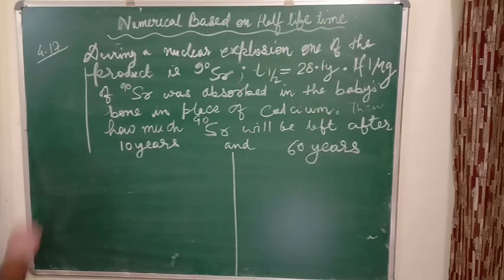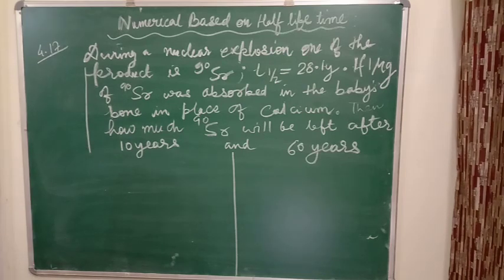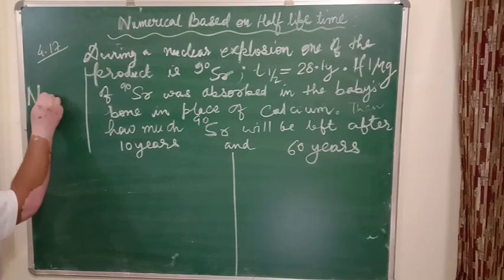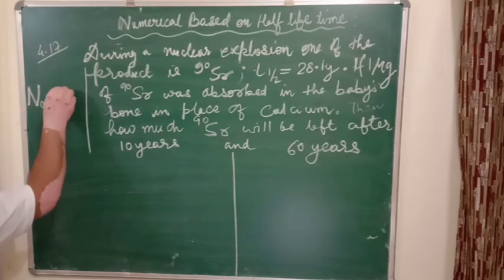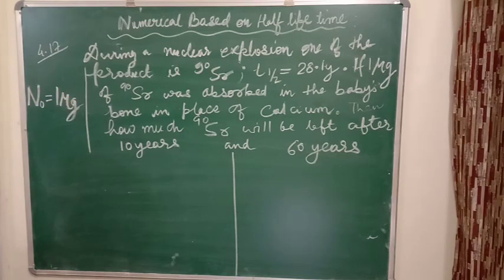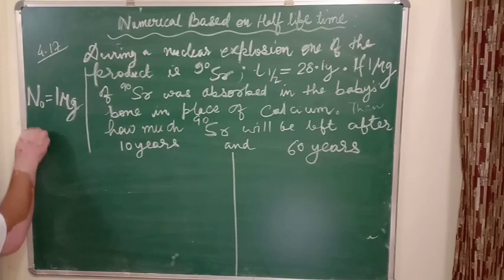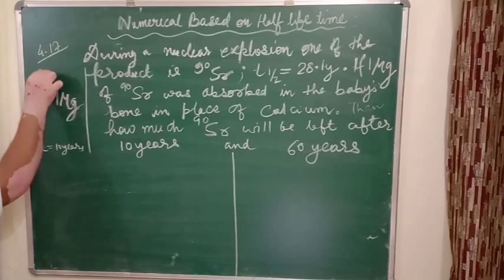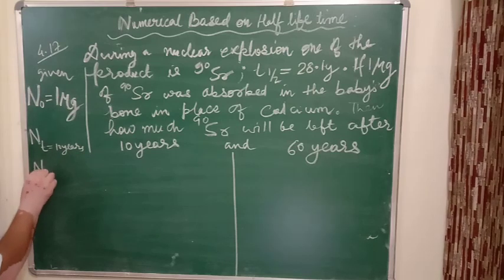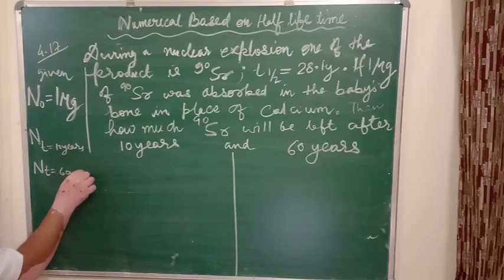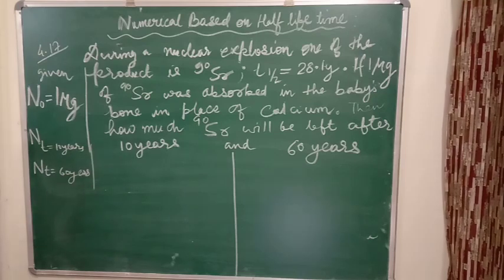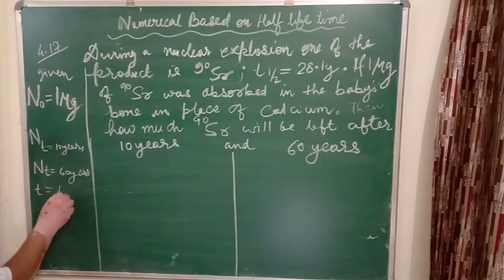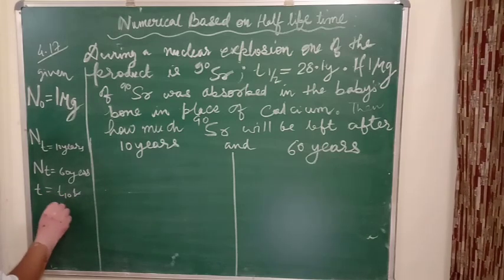So we have been given the initial concentration as 1 microgram, and we have to find N at t equal to 10 years, and N at t equal to 60 years. Let the time period be t, t10 and t60.